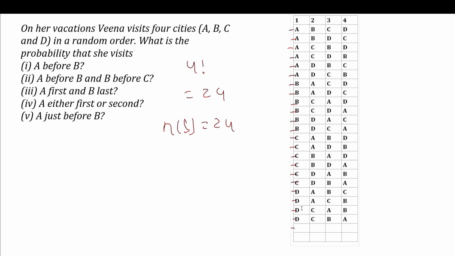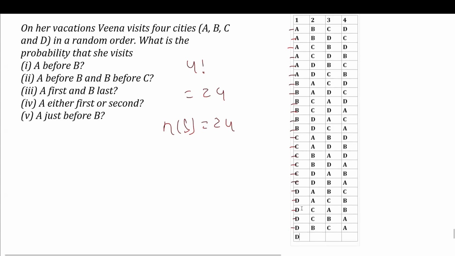DA pairing is done, DC pairing is done, and then it should be DB pairing, D paired with B, and then the other two letters will be C and A, or A and C. I think we have done 24 of them.